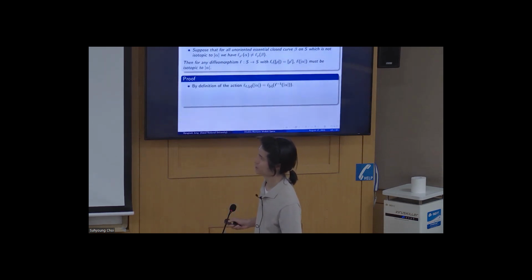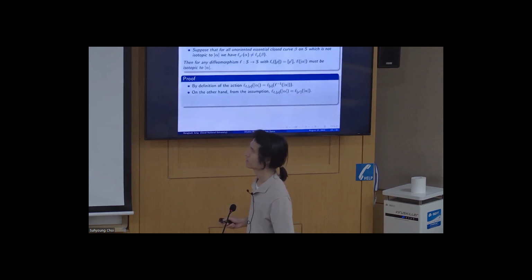By definition of the action, the length of this quantity is equal to this. This is the definition of the action. Remember, the action is what? You just precompose alpha inverse before the representation, so that's this quantity, and then measure the length here. On the other end, from the assumption, because alpha moves rho to rho prime, we have this.